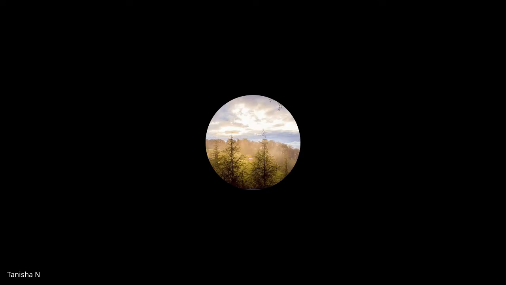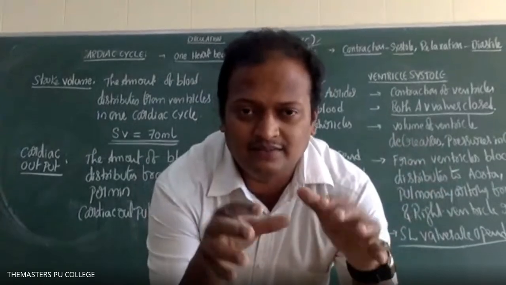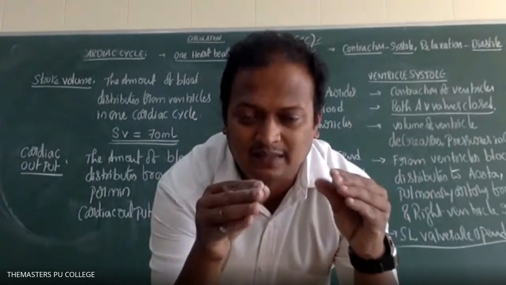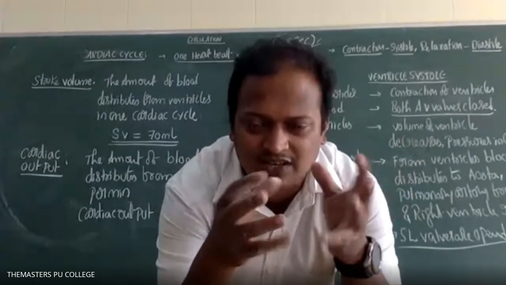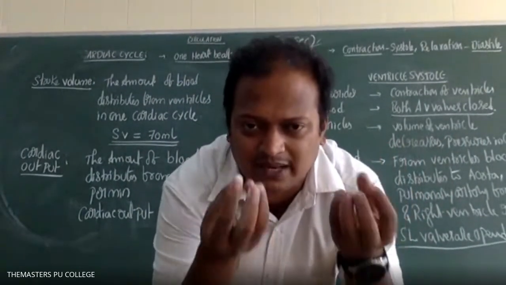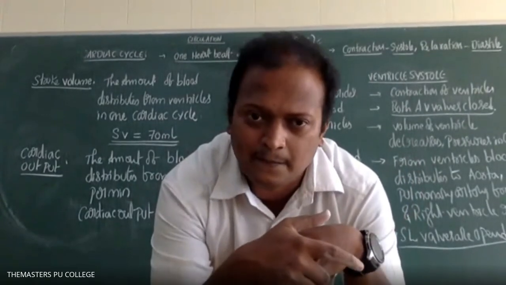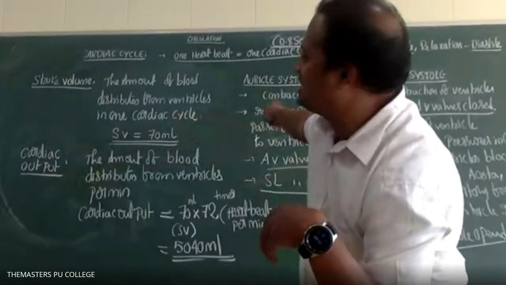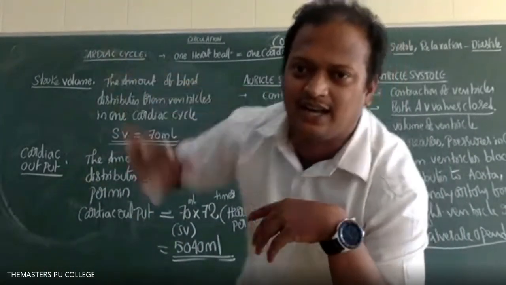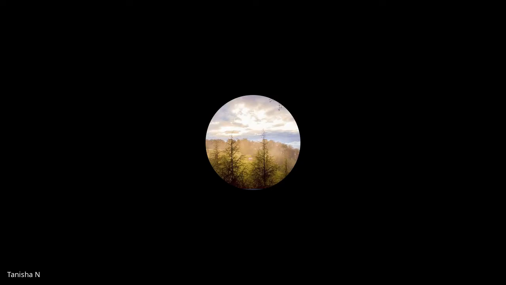Next, the remaining 30% of blood presented in the auricles is received by the ventricles by the contraction of the auricles. So complete ventricular filling takes place by the first 2 steps, joint diastole and auricle systole. Is it clear, Tanisha, now? Yes, sir. Thank you, sir.